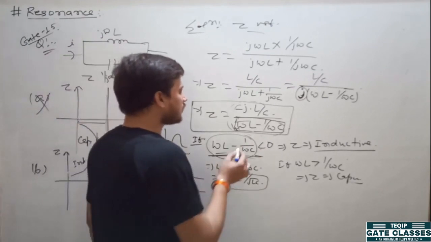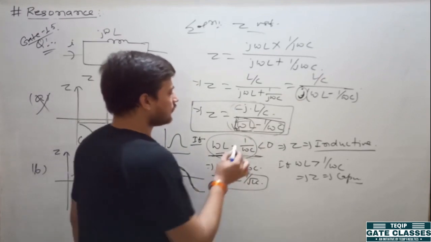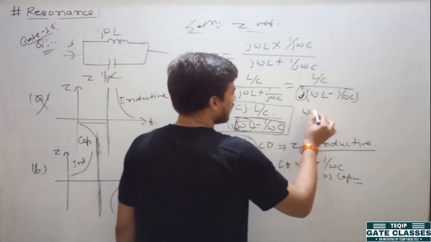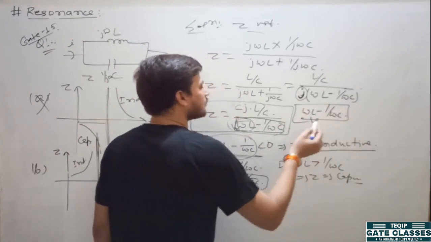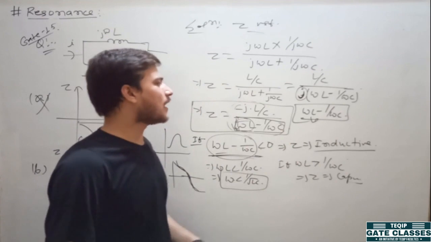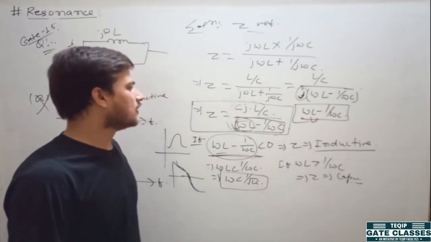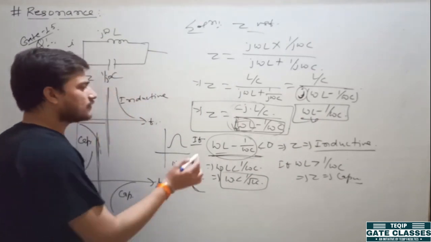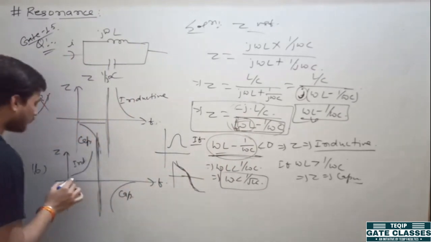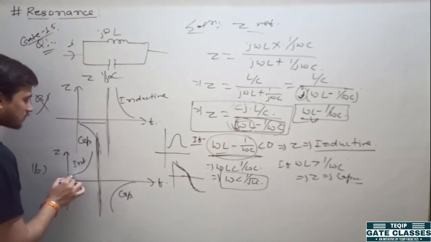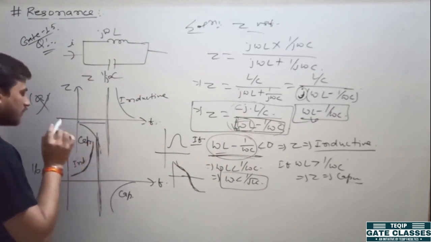Here it is given omega L minus 1 upon omega C. Here C will be in microfarad and L will be in some millihenry. So if omega is small, the whole term Z will be small, and as you start increasing omega, this will move towards infinity.